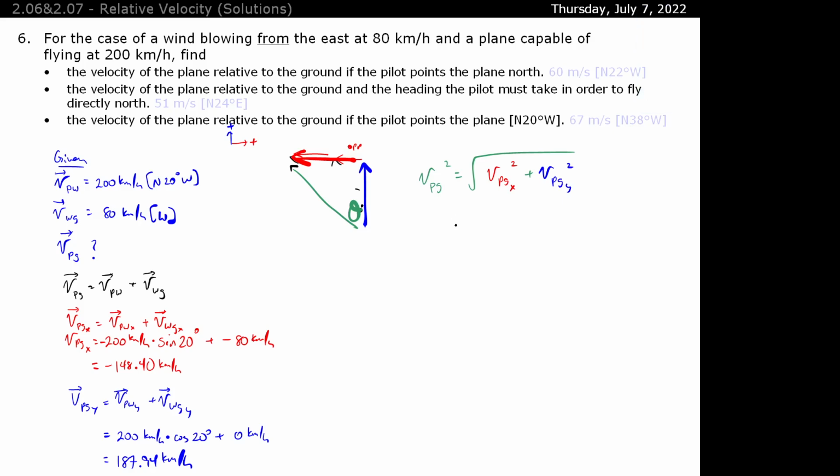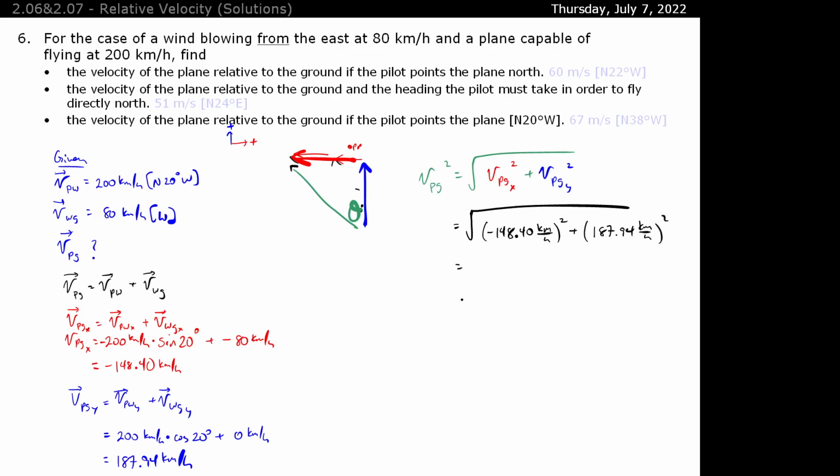Okay, I'll stick with black and white from here because that's quite a bit of extra work. The minus sign doesn't really matter, but I'll just keep it in there to maintain consistency. We know that a negative times a negative will give us a positive. That's true. Why is that? I have a YouTube video on that, so if you have a chance, go check that out. Okay. So negative 148.40 kilometers per hour squared plus 187.94 kilometers per hour squared.